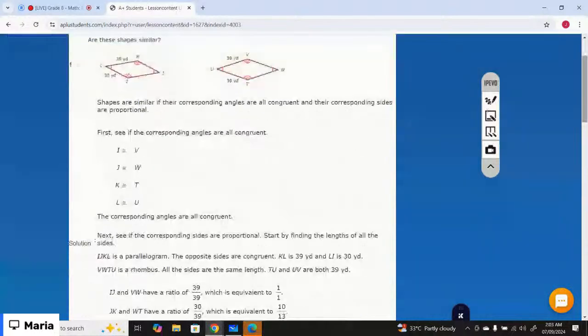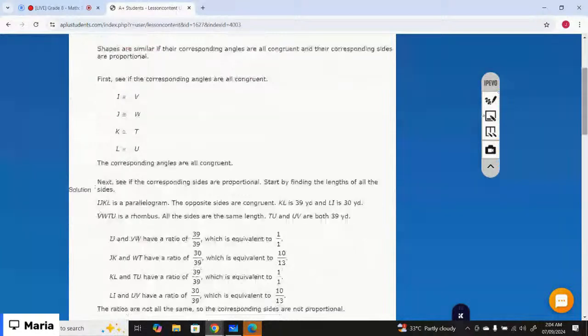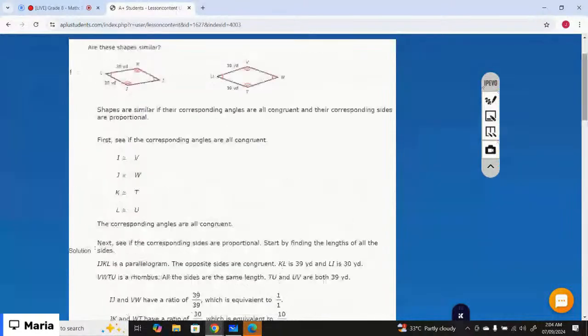Okay, so IJ and VW are congruent. IJ is 39 and VW is 39, so they have the ratio 39 over 39. JK and WT have a ratio 39 by 39, right?